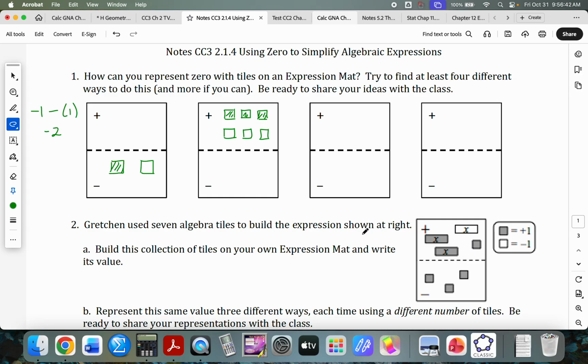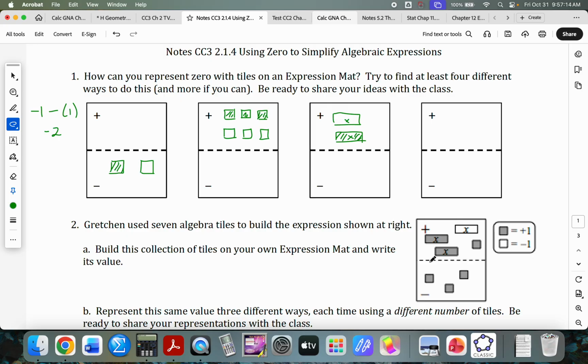9. Joshua, you have one for us? I got one negative X tile and a positive X tile in that positive region. Okay. So you had a negative X tile and a positive X tile both in the positive region, right? This absolutely makes 0.